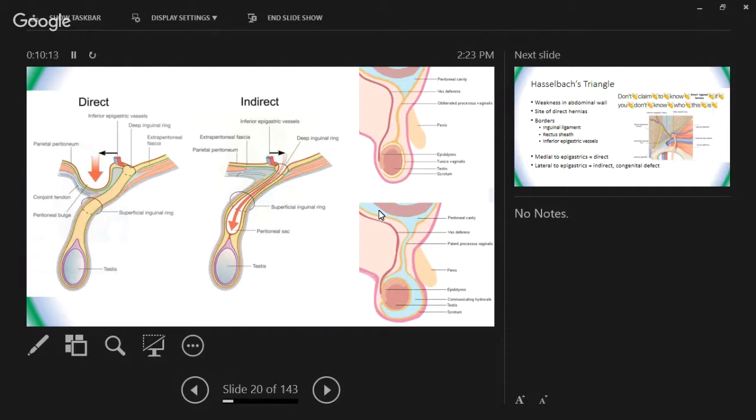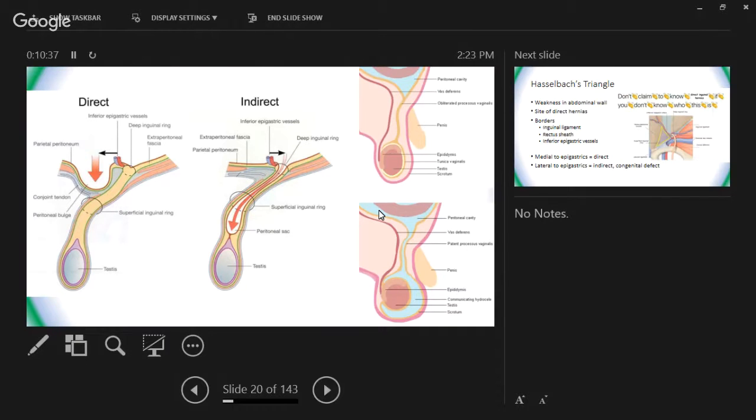So on the right, the top one is normal, so that processus vaginalis obliterates, so you can't get anything going through there. Then that picture, that's a patent processus vaginalis. So it's pretty much like the abdomen extends down into the scrotum, and that'll actually give you indirect hernias.